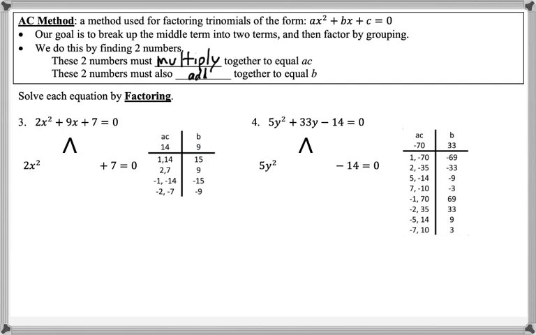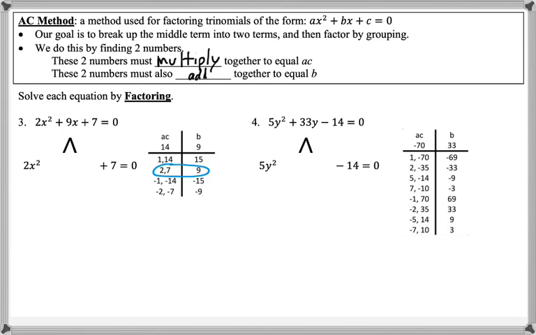So in the first column, these are all the pairs of numbers that multiply together to give us positive 14. But only one of those pairs will add up to be positive 9. And that is 2 and 7.